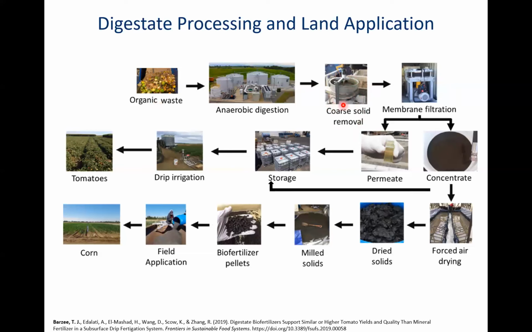We have to remove the coarse fraction, which is basically fibrous material. This coarse fraction can be used for other uses. Maybe you can recycle it back to the digester if needed, or you can treat this solid fraction with some chemicals to increase its digestibility, because it may still have potential to produce more biogas.